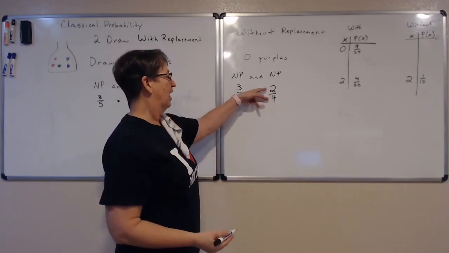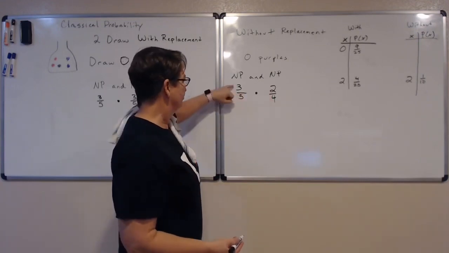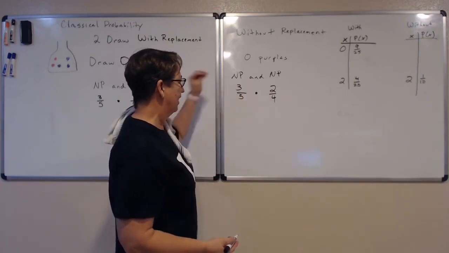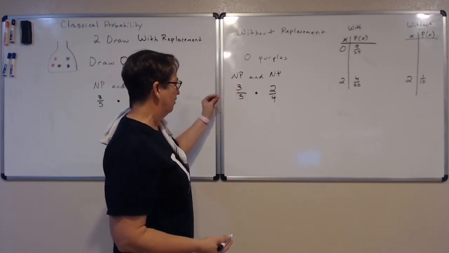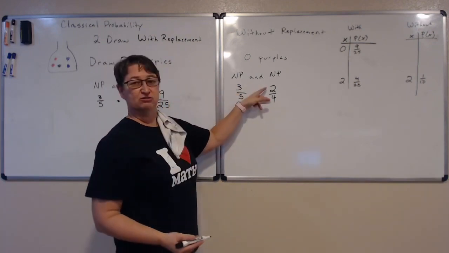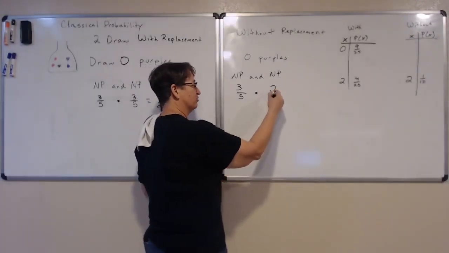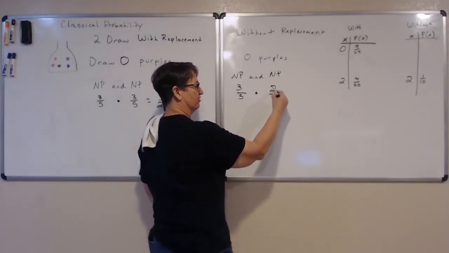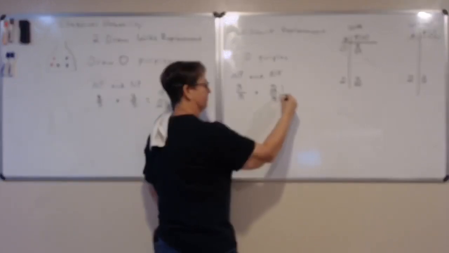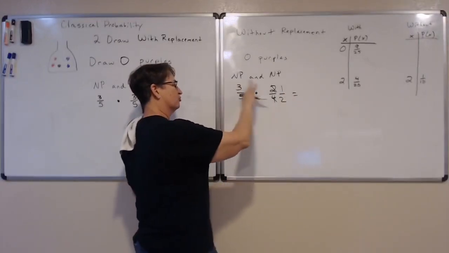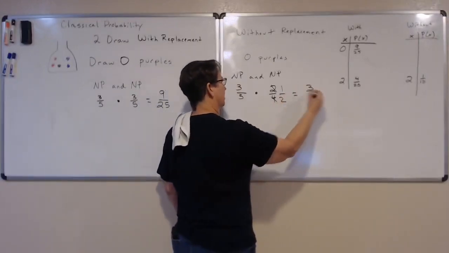I'm just subtracting 1 from here because I took out one of the not purples and I took out one of the full population, so it just leaves me with 2/4. This 2/4 is the same as 1/2. Now I can multiply straight across, and I've got 3/10.